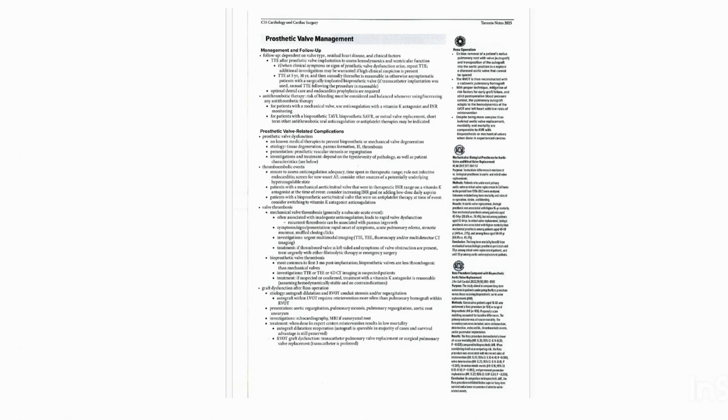Valve thrombosis. Valve thrombosis differs between mechanical and bioprosthetic valves. Mechanical valve thrombosis. Mechanical valve thrombosis usually develops as a subacute or acute event. It is commonly associated with inadequate anticoagulation.